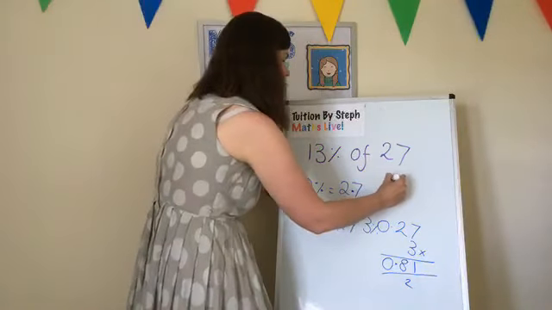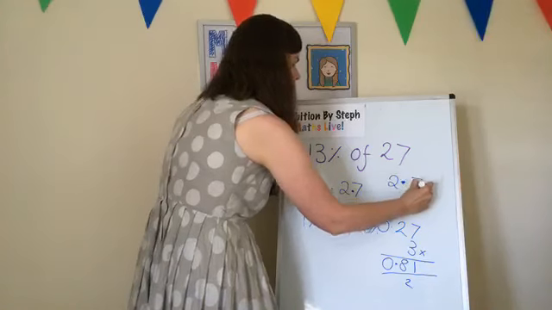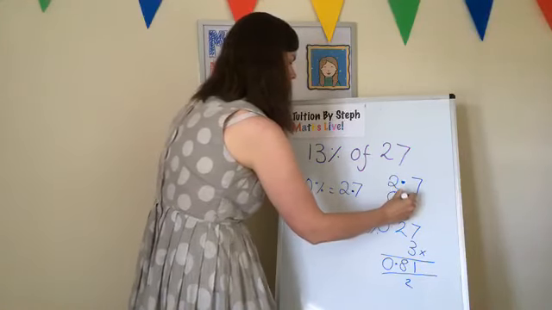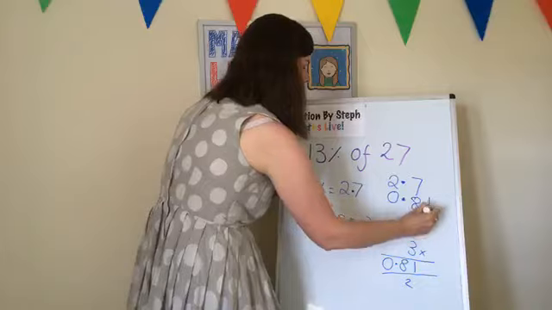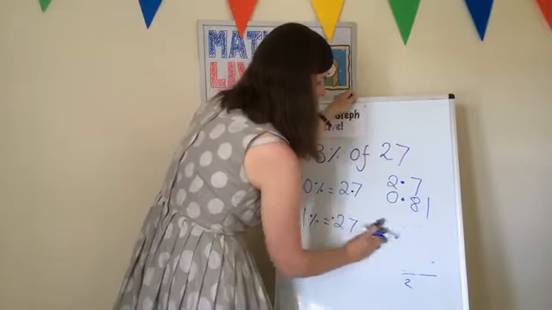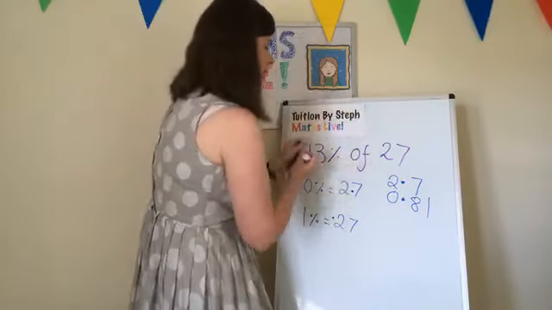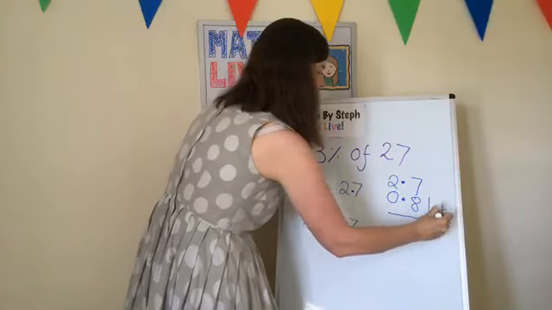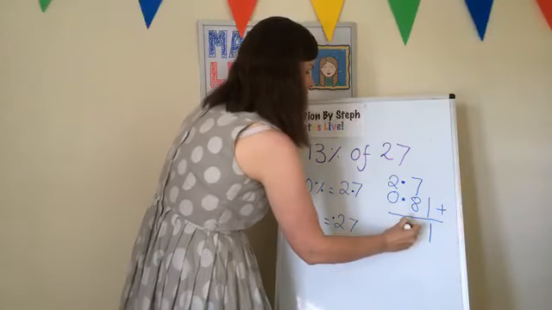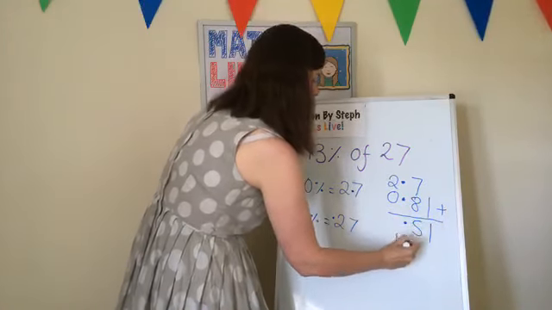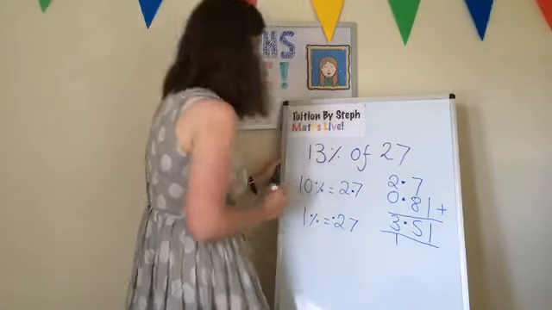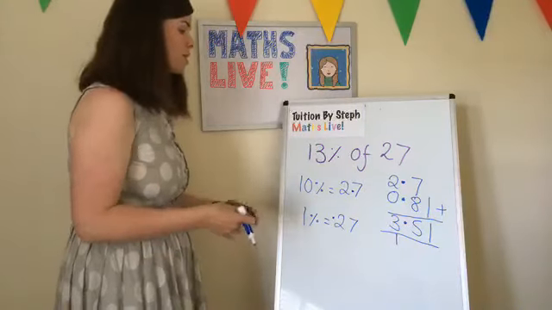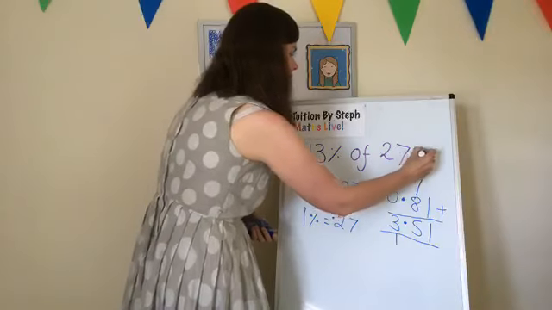How I do that is 2.7 plus 0.81. Get rid of this calculator, I don't need it now. Add it together: 3.51. So 13% of 27 is 3.51.